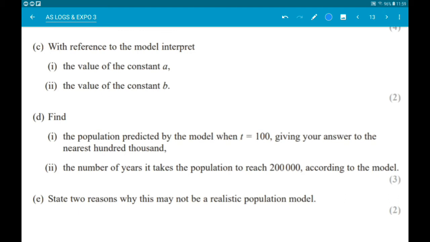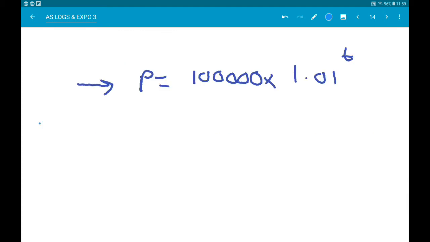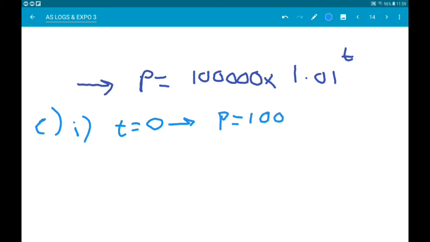Okay, so when t is equal to 0, P is equal to 100,000. So 100,000 is the initial population.